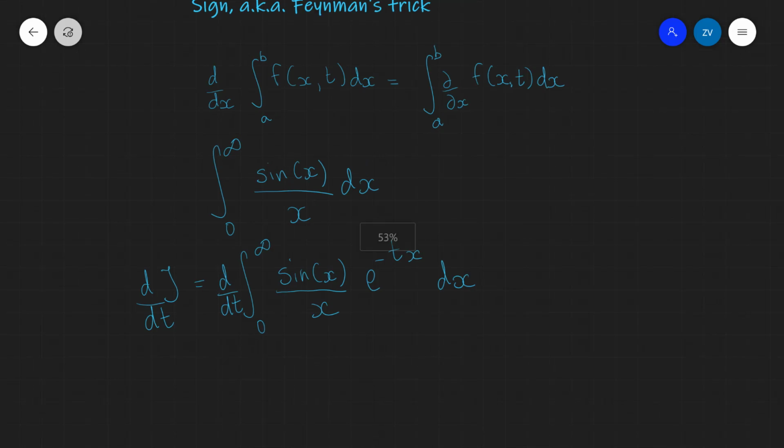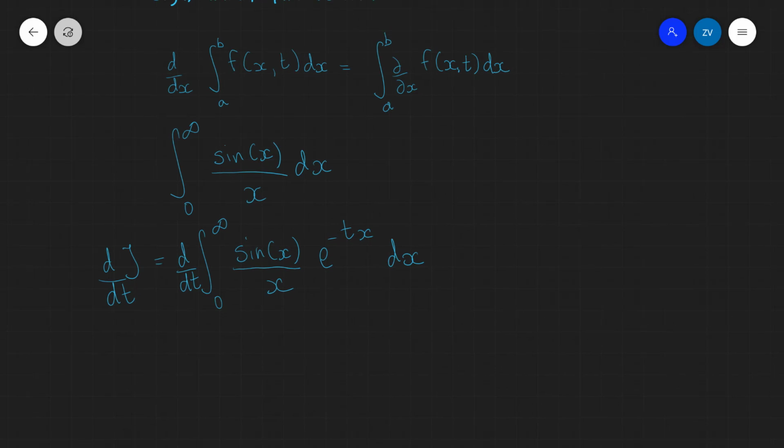Now at this point I'm going to apply Leibniz rule. I'm going to be differentiating underneath the integral sign. So I'm going to turn that integral to a partial derivative, and I'm going to simply say that this integral will then be equal to the integral from 0 to infinity, partial derivative with respect to t of the function sine of x over x, which of course is a constant when we're looking at the differentiation with respect to t.